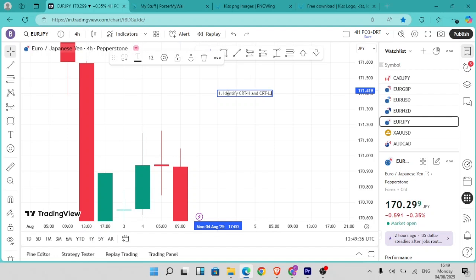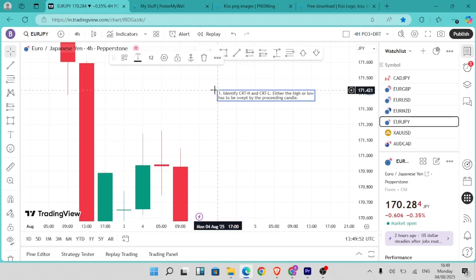And either the high or low has to be swept by the preceding candle.